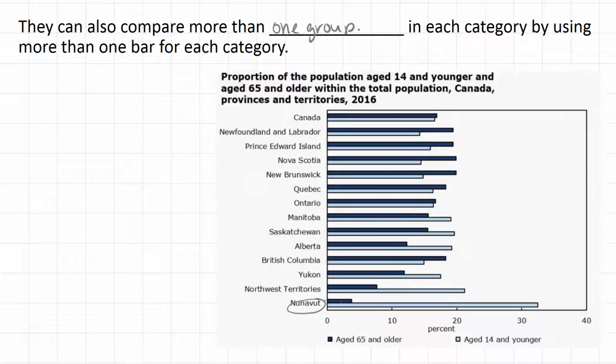The dark blue one, which is people aged 65 and older, and the light blue one, which is aged 14 and younger. So we used colors to indicate different groups within the same category. This one is called a double bar graph.